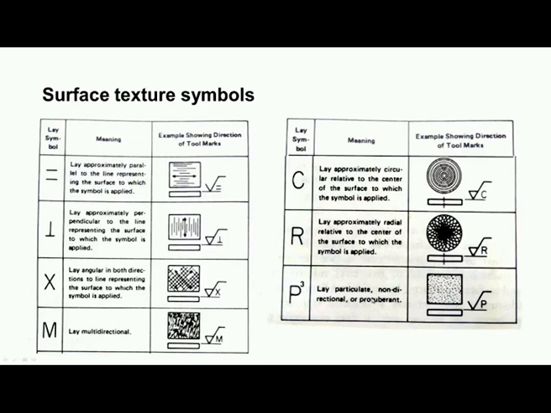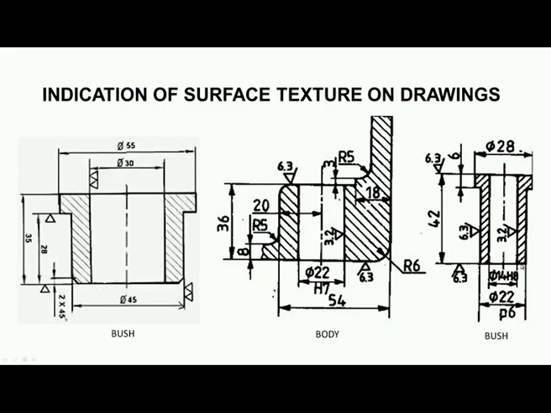And then if we have a particulate non-directional texture, then we use this P, and when we have a texture like this, radial relative to the center of the surface, then we use this particular symbol R. Now, you can see here these diagrams show how the surface texture or surface finish is indicated on drawings.